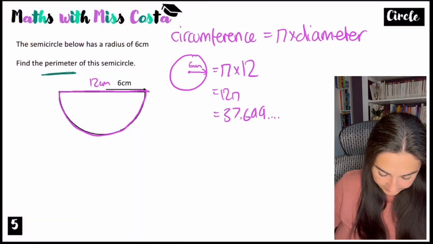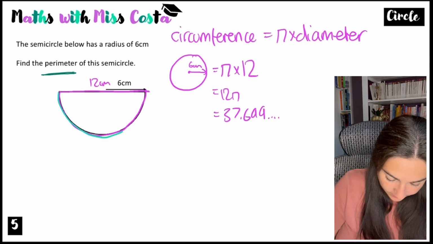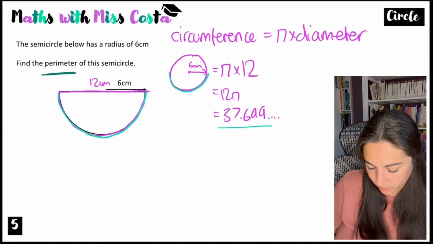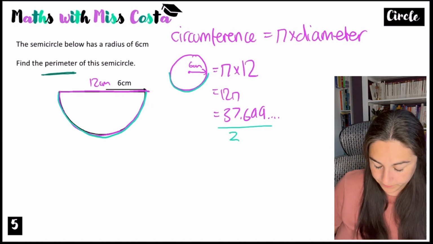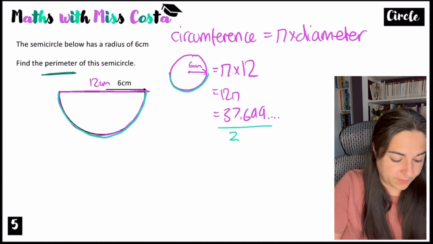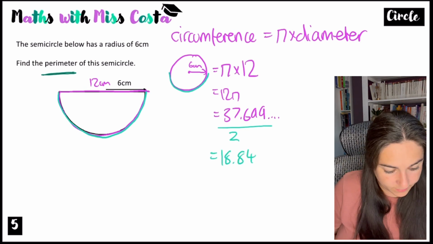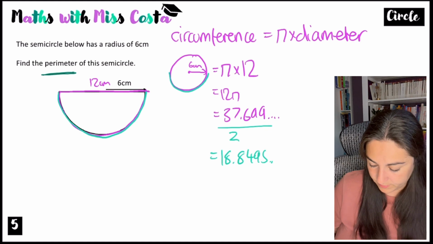However, that would be for the full circle. This is half a circle. So I want half of this, therefore I halve my answer by dividing by 2. So 6 pi, which is 18.8495, blah, blah, blah.